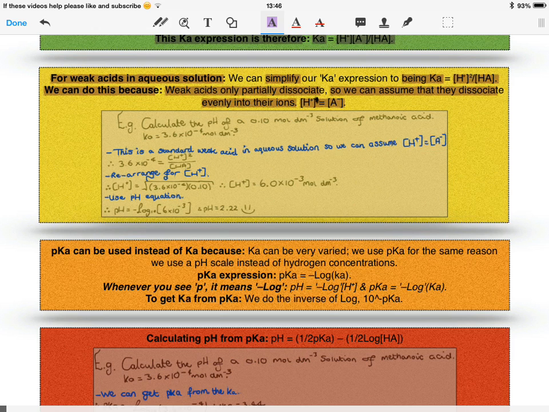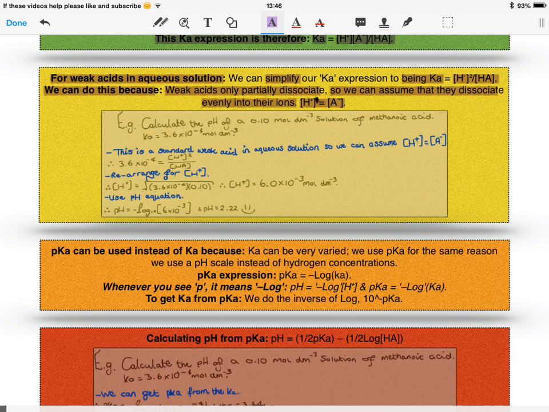We can then rearrange for [H+], and this will give us [H+] equals the square root of 3.6 times 10 to the minus 4 times 0.10. And you could have subbed in your concentration of acid. I don't know why I didn't do that there. You should do that.